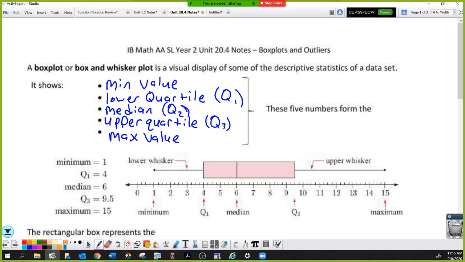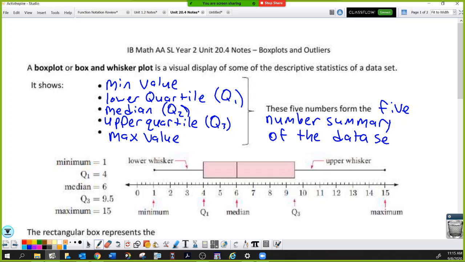Those 5 numbers form what, I don't know if it's just our textbook authors or if it's IB in general, they call the 5-number summary of the data set.